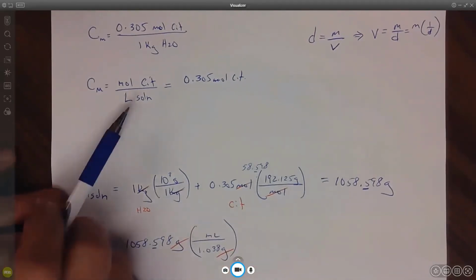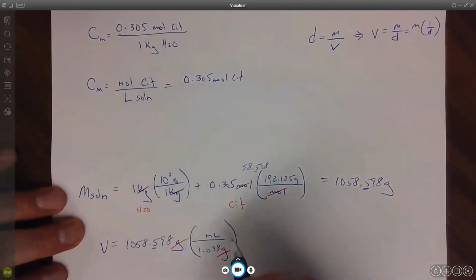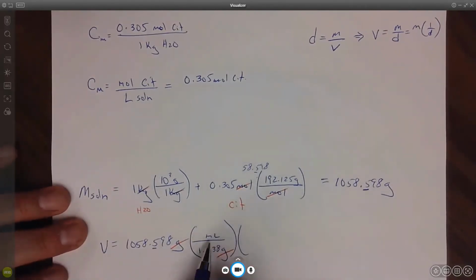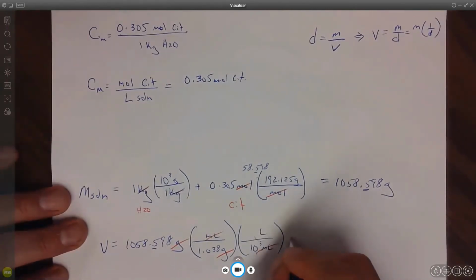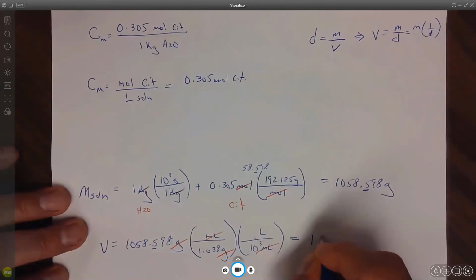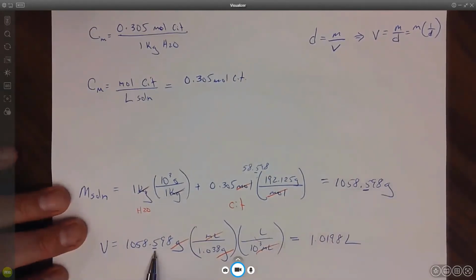But remember, for molarity, it's very specifically liters of solution. So I need to convert my milliliters to liters, and there's 1,000 milliliters in a liter. So my milliliters cancel, and now I have the units that I want, the liters. Plug that in, and that's going to be 1.0198 liters. So this has 5 sig figs, this has 4, this is exact, so this will be 4.